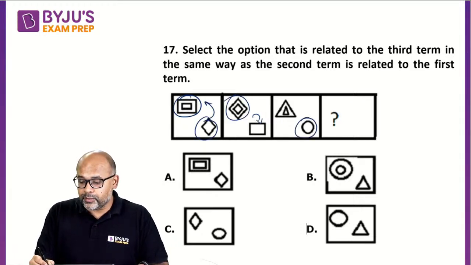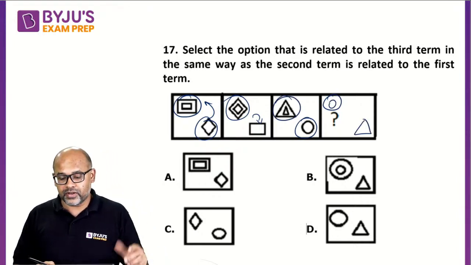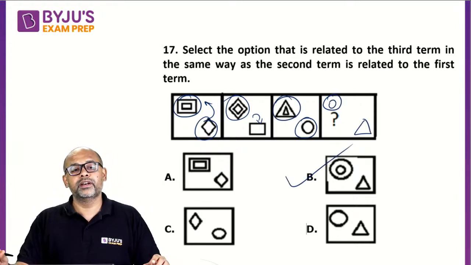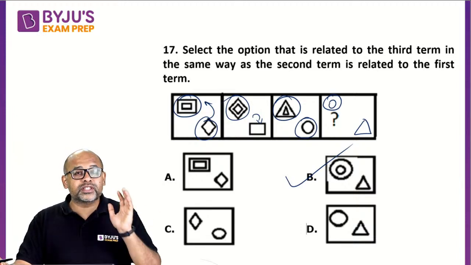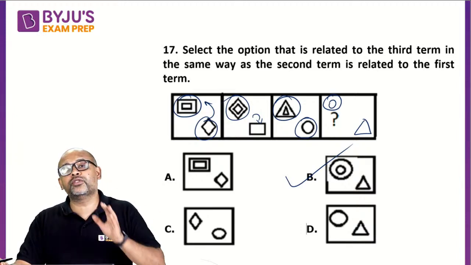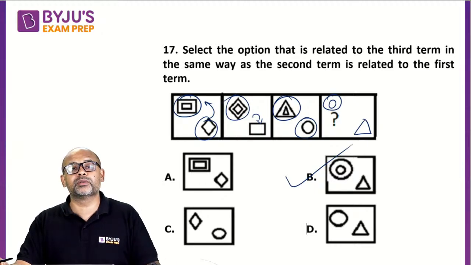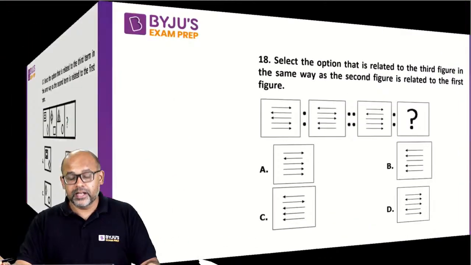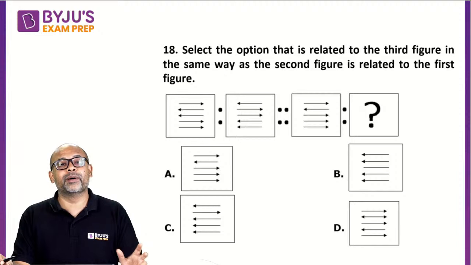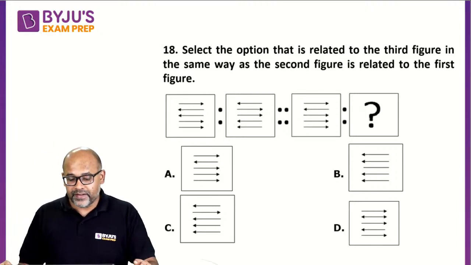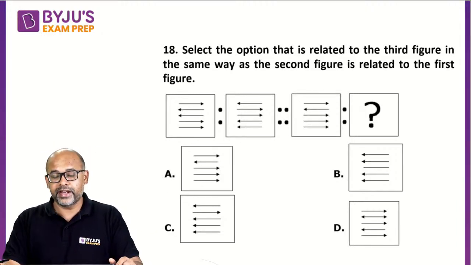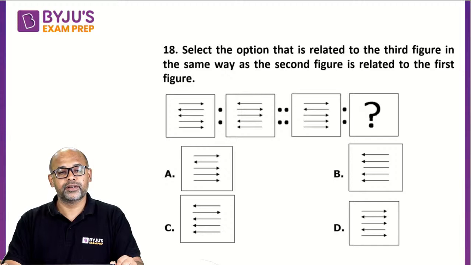So this single figure should become 2 circles and this double figure should become a single triangle. So that's your answer, which is your option B. So very, very easy. So search for these kind of questions, guys. You get it, you finish. It will save time with maximum marks possible for you. Okay? It's value for time. You know, they say value for money. This is value for time. Okay, very simple question. 18 and 19, last 2 questions.